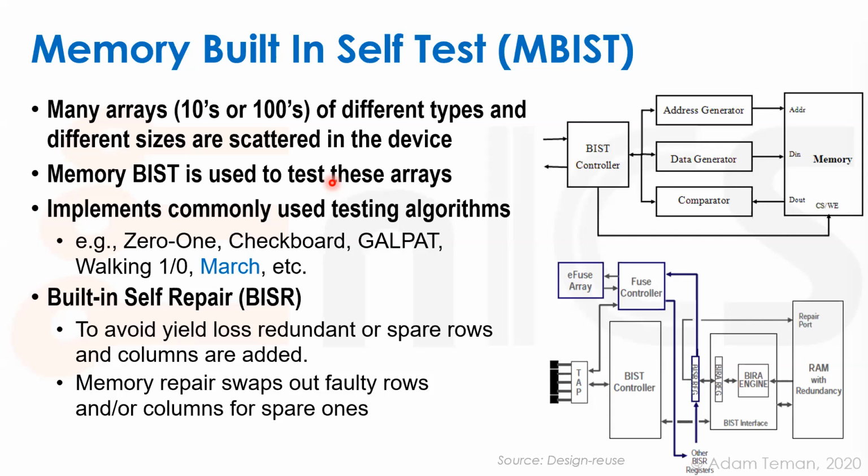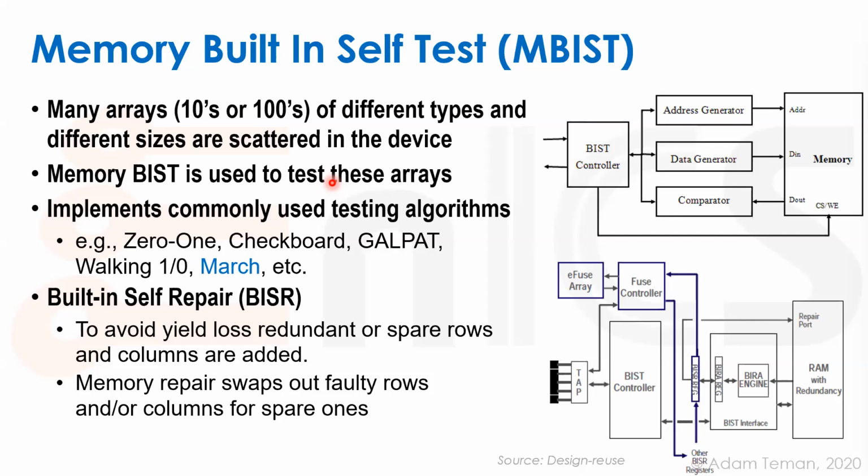You add spare rows and/or spare columns, and then when you run your BIST, you see that one bit doesn't work, so you can remove the row that goes to that bit, and then you just target the decoder so it accesses a different row when you go to that address, and then you make your faulty memory actually work.